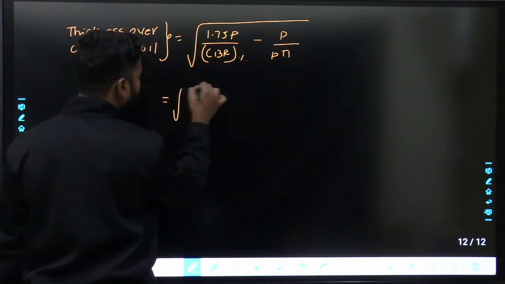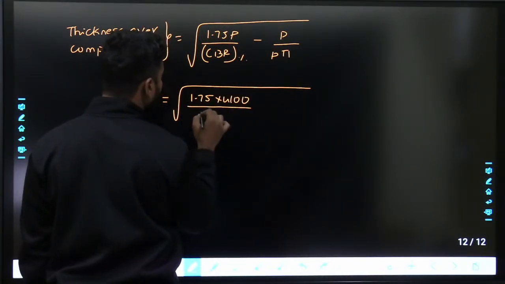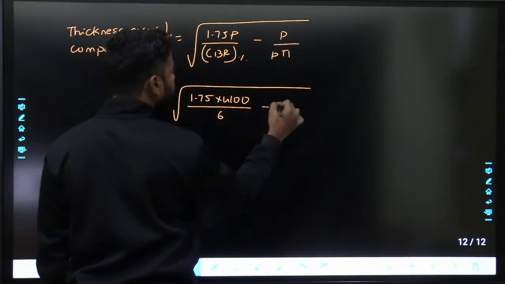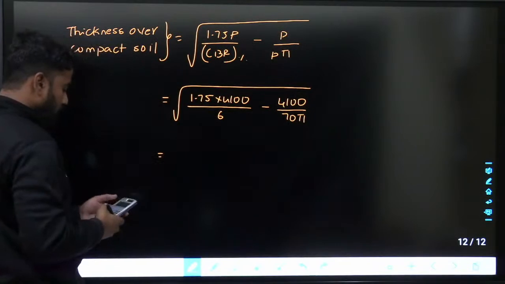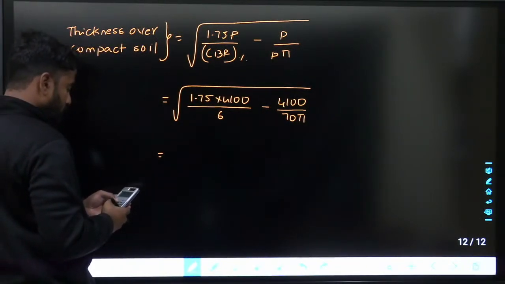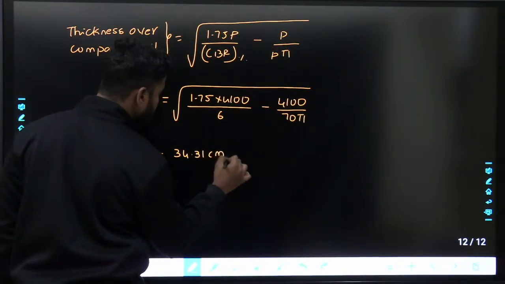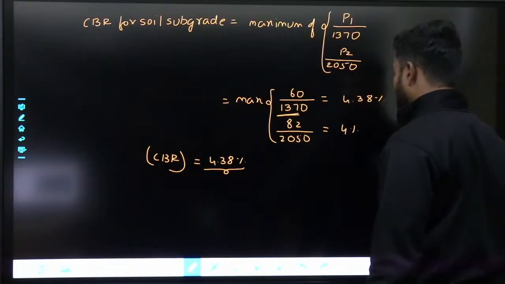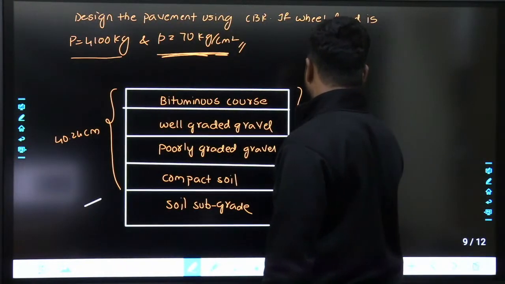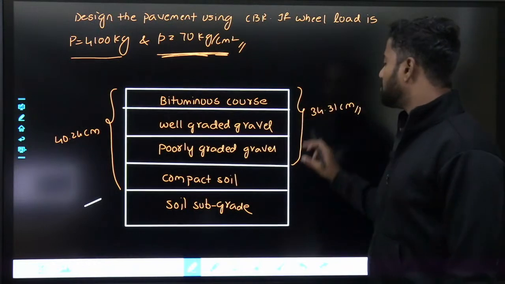So, under root of 1.75 times 4100 upon CBR, which for compact soil is given as 6%, minus 4100 upon 70 pi. The value would be 34.31 centimeters. So this whole thing is 34.31 centimeters, while this is 40.24.